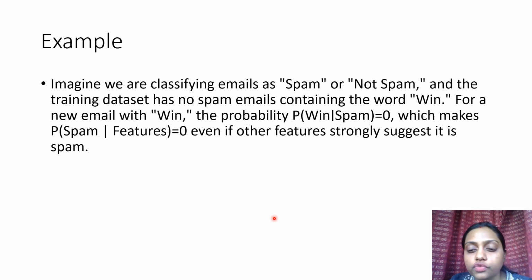The other features will be of no use even if they strongly suggest it is a spam message. That means somehow we have to ensure that one particular probability value should not be 0 at any time.